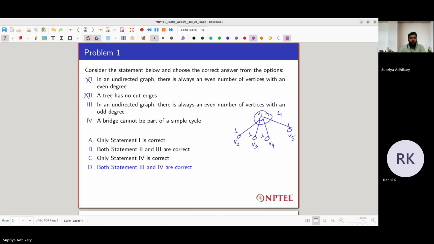So this statement is correct: in an undirected graph, the number of vertices that have odd degree should be an even number. Okay, so now we have the fourth statement. In the fourth statement, we have: a bridge cannot be a part of a simple cycle.